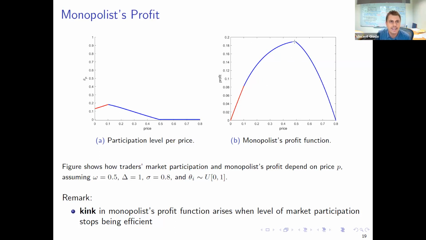So that kink is exactly where it is optimal for the monopolist to stop decreasing the price of the trading advantages. So in this situation, the monopolist sells as many trading advantages as possible up to the point where non-buyers still want to participate.